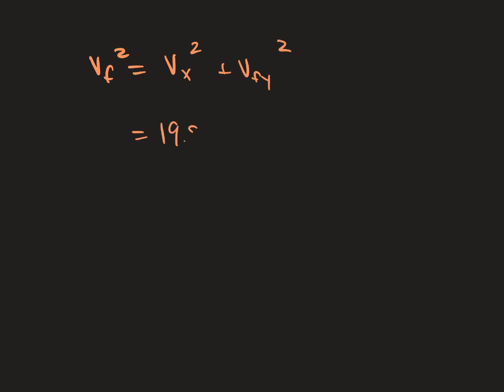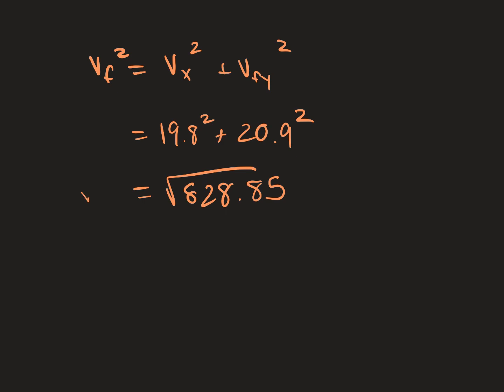So 19.8 squared plus 20.9 squared gives us 828.85. So then our final velocity is 28.79 meters per second.